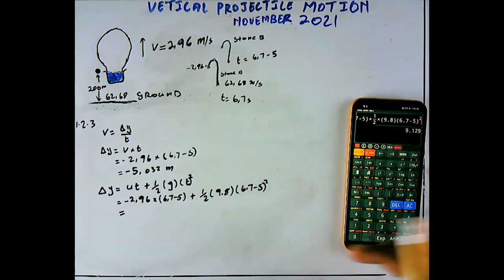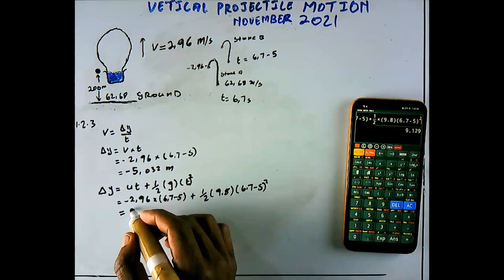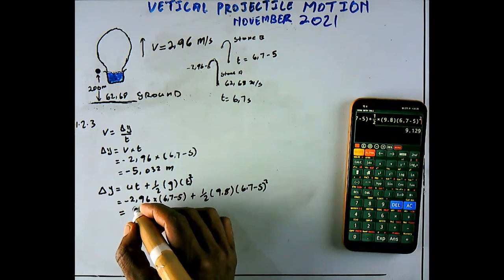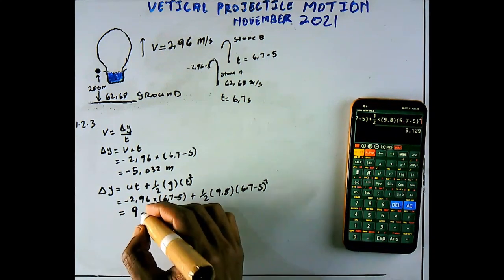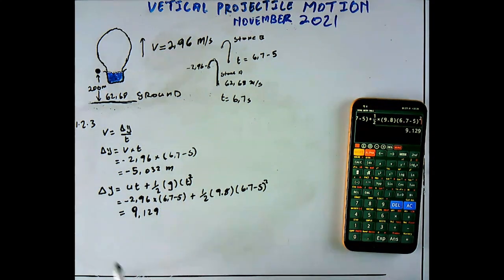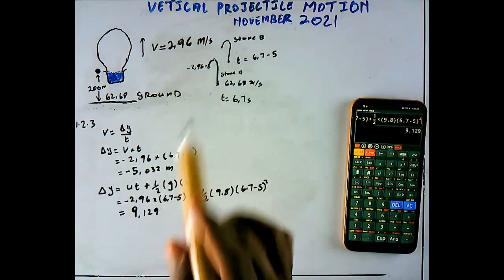So this one is positive, which shows that it's going down. It's 9.129.